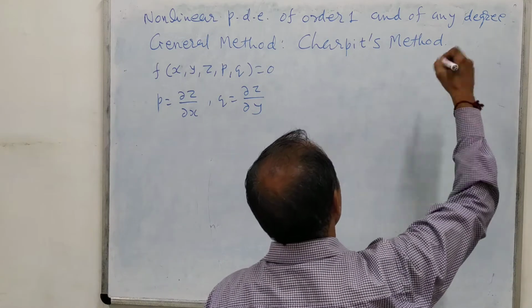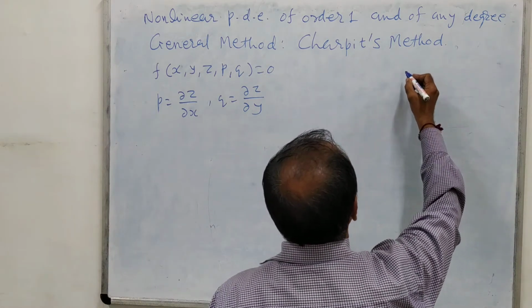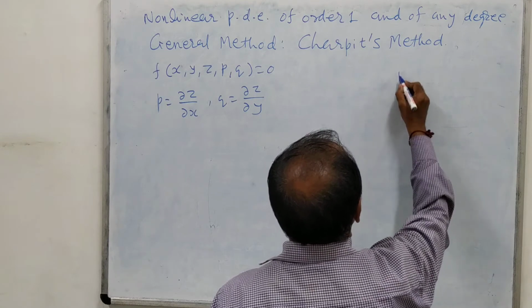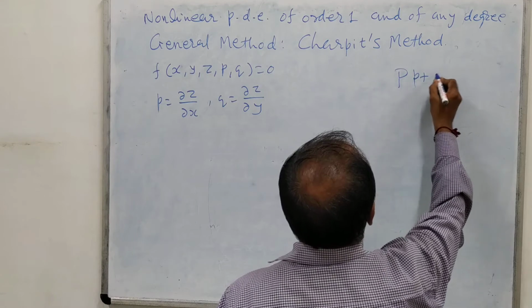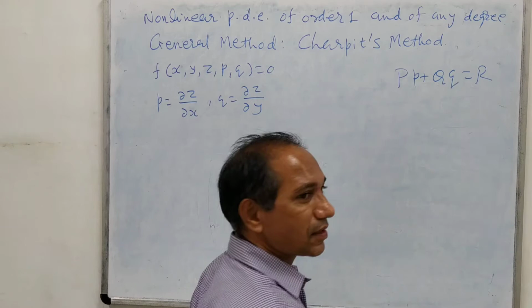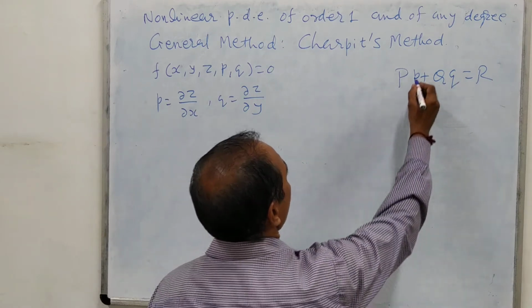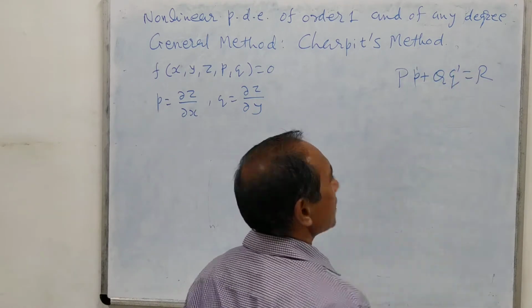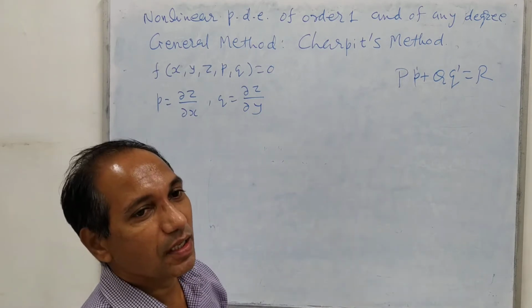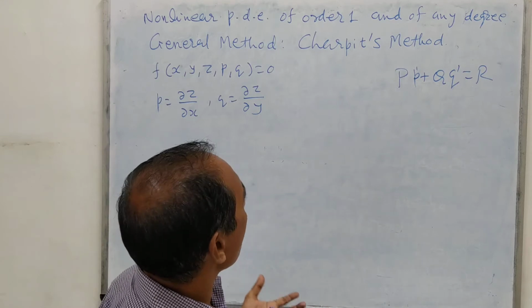Because in the starting of the semester we have seen the Lagrange equation, and in the last lecture I also discussed the linear Lagrange's differential equation, because here the power of p and q is always 1. So this is linear, and if p square, q square are involved, then we say that it is nonlinear.